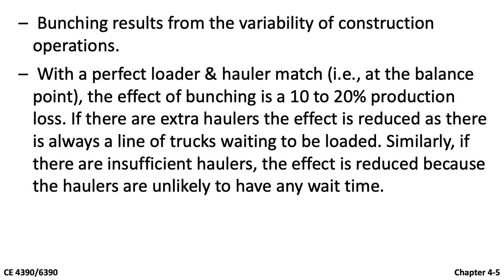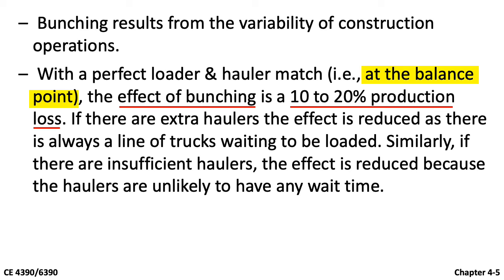With a perfect loader and hauler mesh, for example, at the balance point, when the number of haulers perfectly matches the loader capacity, research shows that bunching still happens, and it causes 10% to 20% production loss. This is due to the uncertainty of the travel time. Travel time is not always constant.